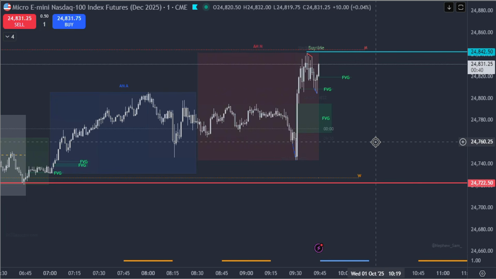If you understand how a market maker model works, you should be able to identify them on the lower time frame as well. And I like using 90-minute cycles. I like using session cycles. So the way you identify these cycles is by using PXH and PXL.